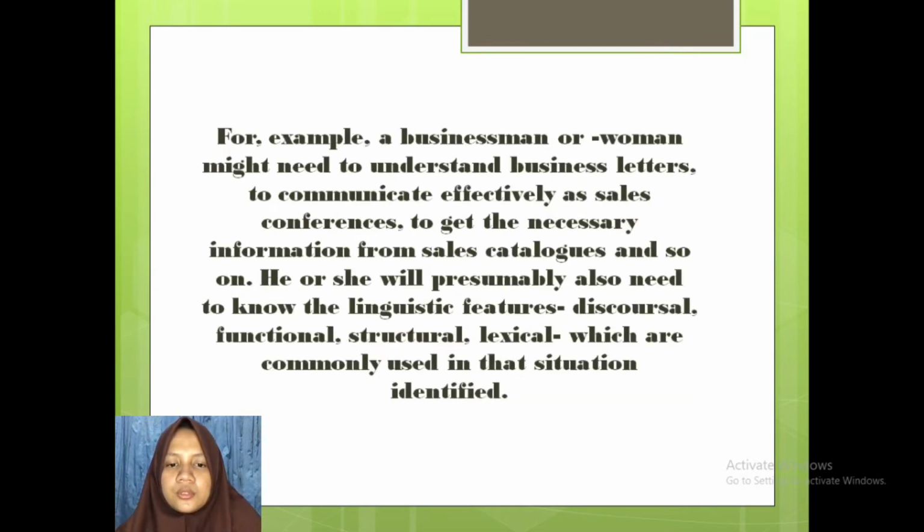For example, a businesswoman or man might need to understand business letters, to communicate effectively at sales conferences, to get the necessary information from sales catalogs, and so on. He or she will presumably also need to know the linguistic features, discursive, functional, structural, lexical, which are commonly used in that identified situation.